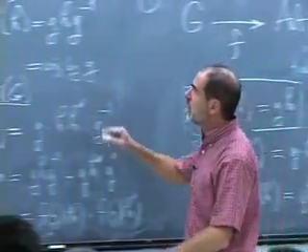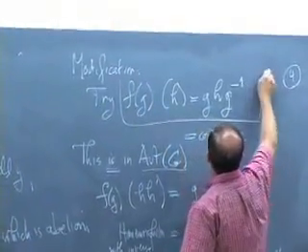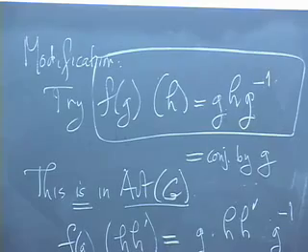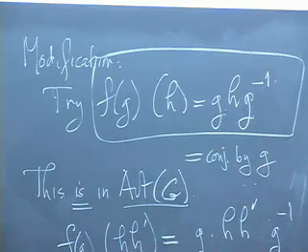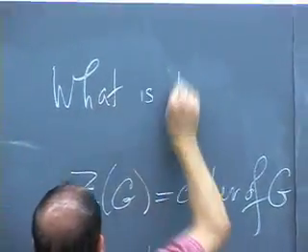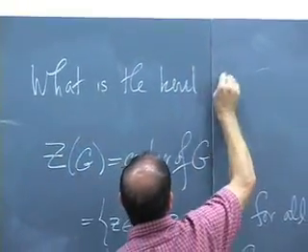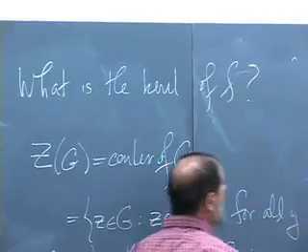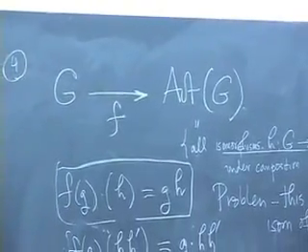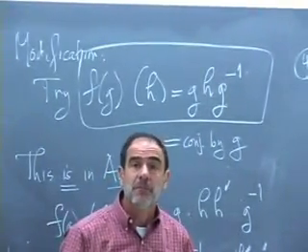And remember this definition. What is the kernel of F? Well, it's the elements of G such that when you conjugate by them, you get the trivial automorphism.